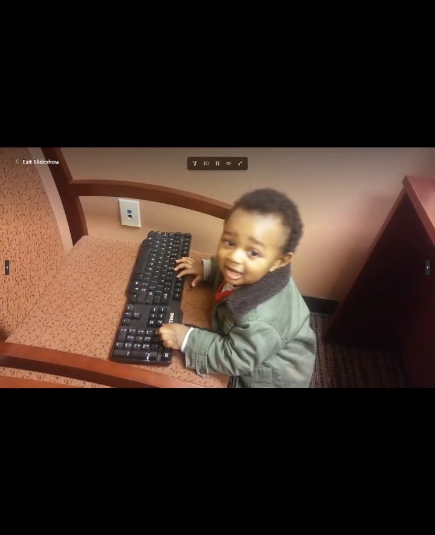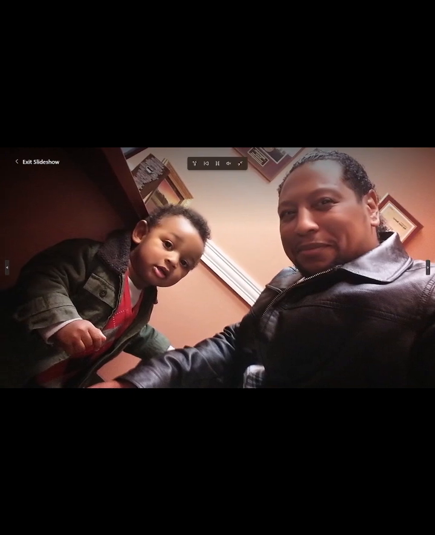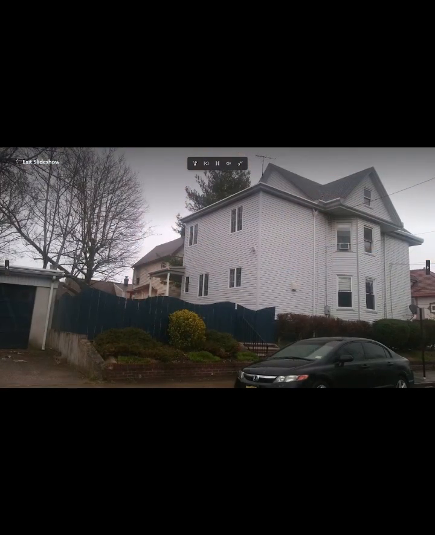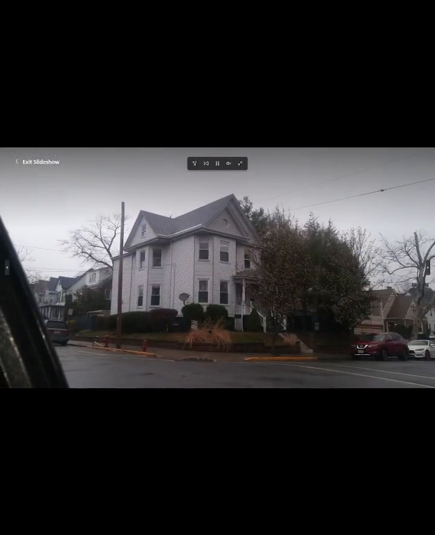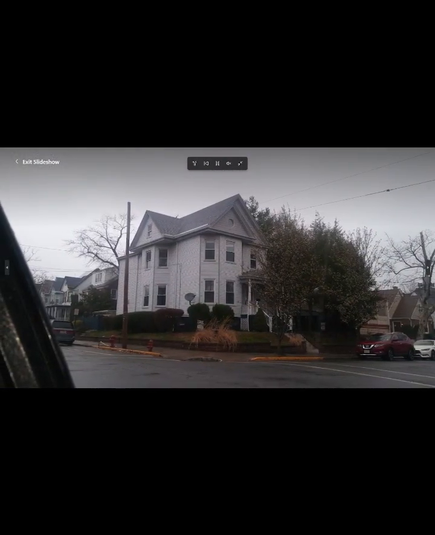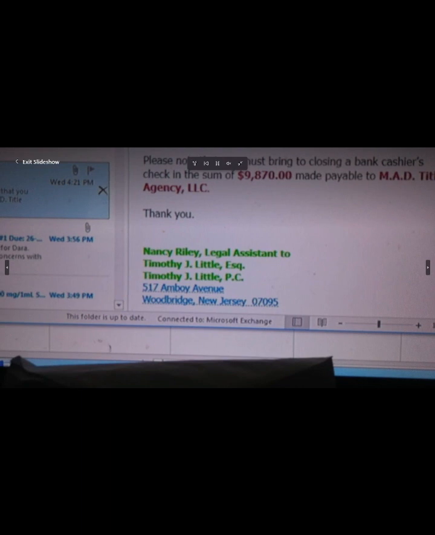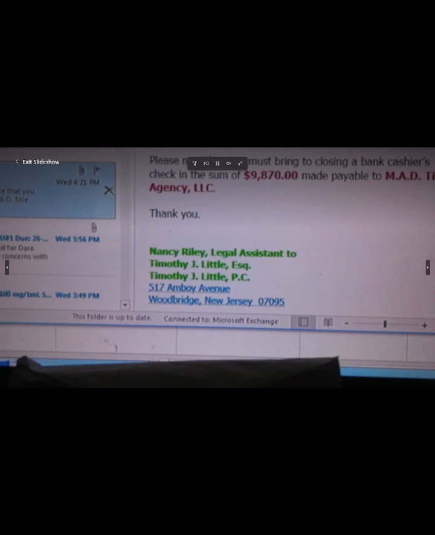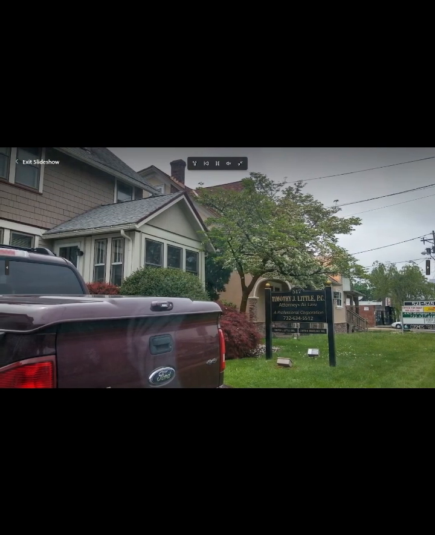Question number 9. Your property is assessed at $44,000. The tax rate is $11 per $1,000. What are the taxes? A. 400. B. 4,000. C. 4,840. Or D. 484. Correct answer is D, $484.